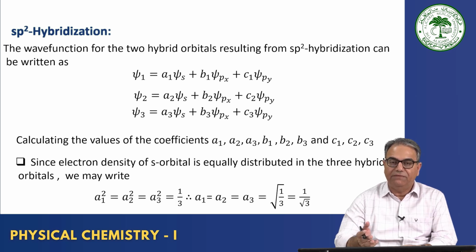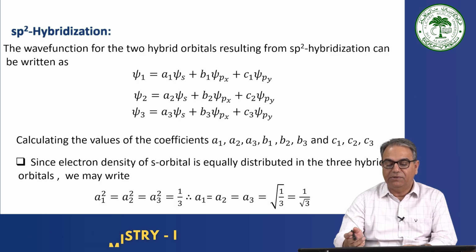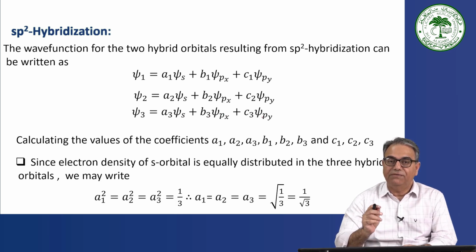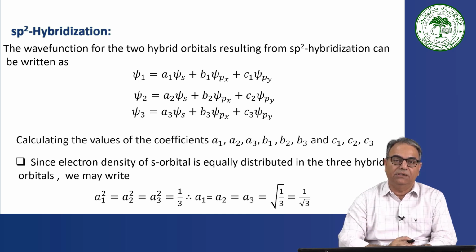So 2p I have not written, so it's px py only, or certainly it will be 2p. But it could be other also, but when I am talking about sp2 hybridization, it is psi 2s, psi 2px also you can write. Then psi 3 is equal to a3 psi s plus b3 psi px plus c3 psi py. We have taken px and py as contributing to the sp2 hybridization. It may not be px and py.